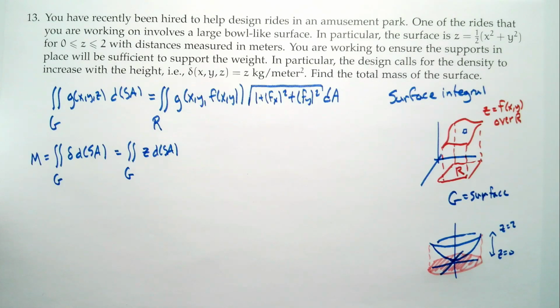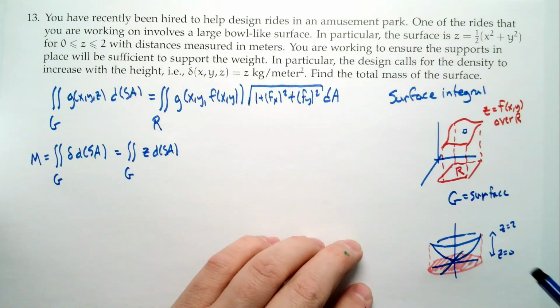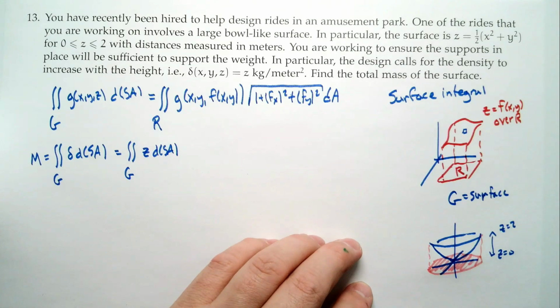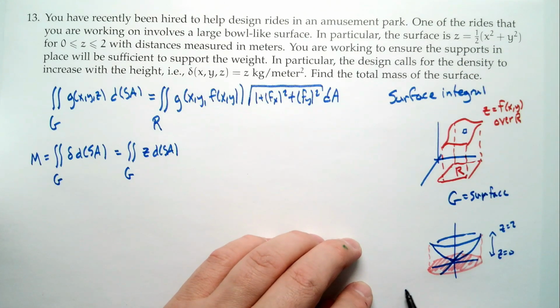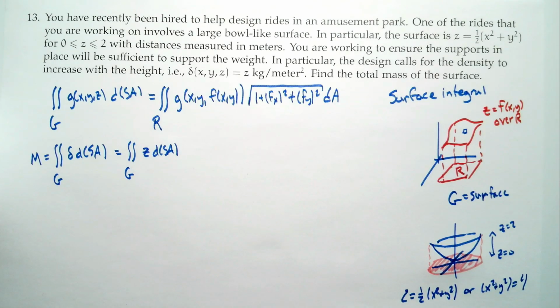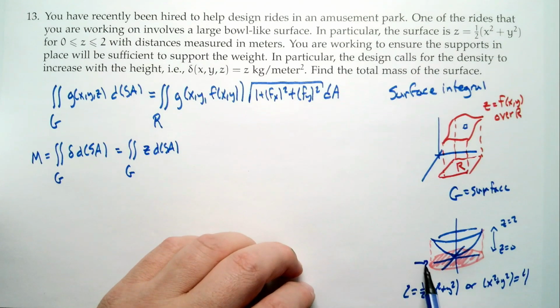What region is it? Well, when z equals 2, we have 2 equals a half x squared plus y squared, or x squared plus y squared equals 4. So this region R is a circle of radius 2.